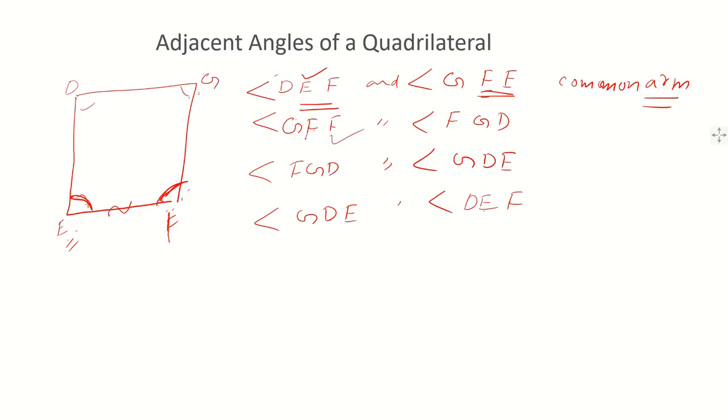There also you can see common arm, common side, which is FG. It's a common arm. If you look at GD side and GD side, here DE side and DE side. So there will be a common arm when you are having adjacent angles. Common side will be there.